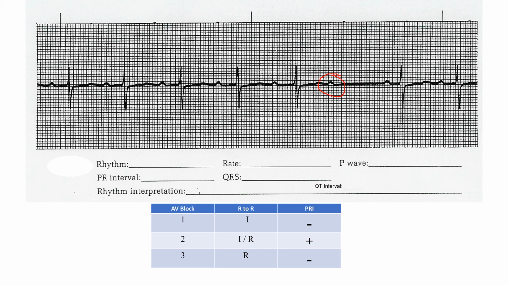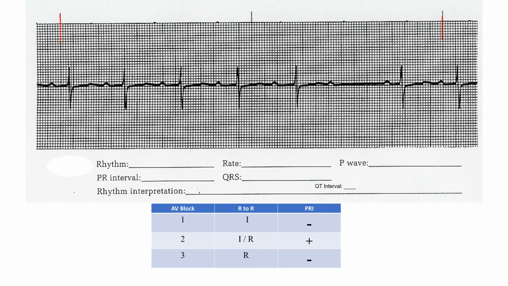And let's see, all your P waves are sinus. Your ventricular rate, I think we determined it's 60 because again, you want to go between your R waves, your 6 seconds, and so you have 6 complexes, so we're going to say the heart rate's about 60.